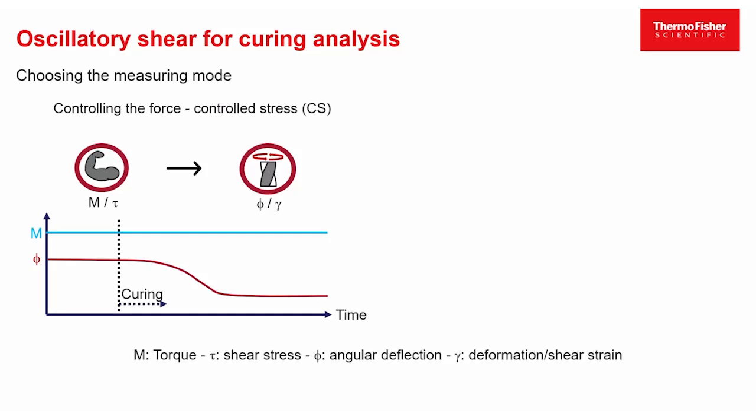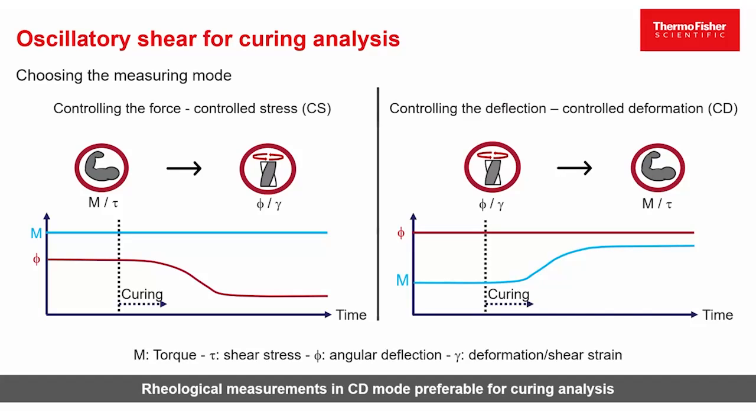Additionally, the angular deflection gets less and less until the lower resolution might be reached, and the measuring results have a really high signal to noise ratio. To avoid this, we can actually do the exact opposite.